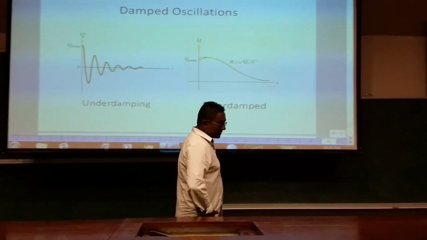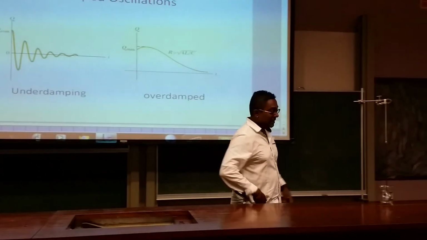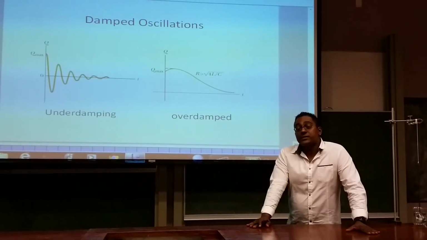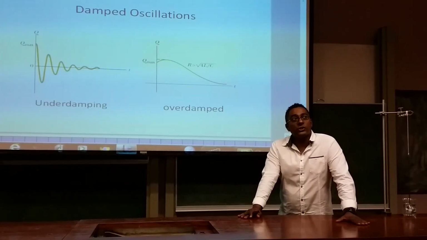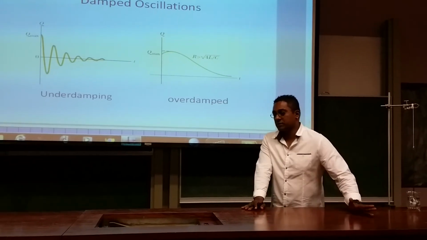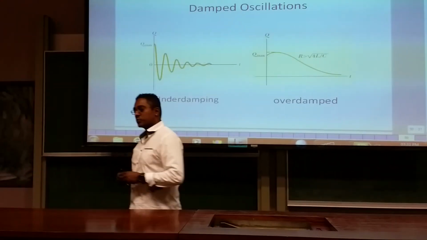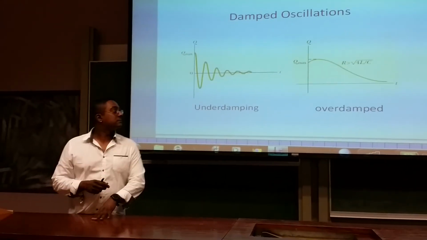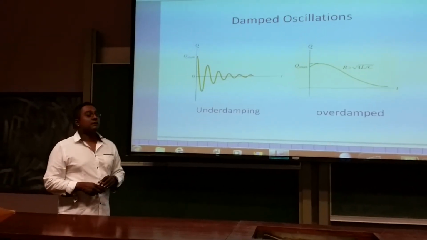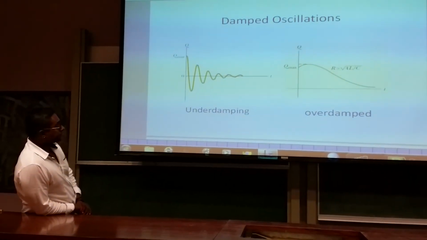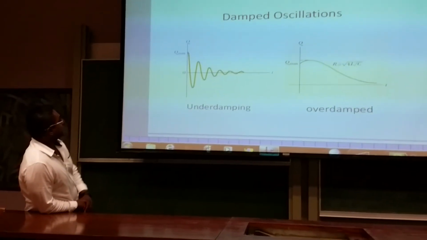Now the RLC circuit has very important applications in electronic engineering, electrical engineering. One of them would be fine-tuning of circuits, for instance, your television set, your radio set. So basically it's an interplay between L, R, and C to obtain optimum results, or a certain Q factor, as they would call it.